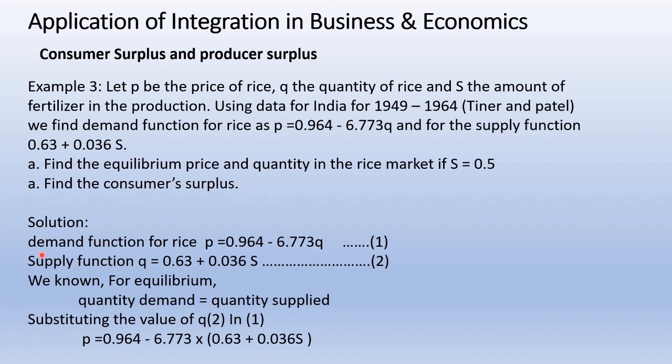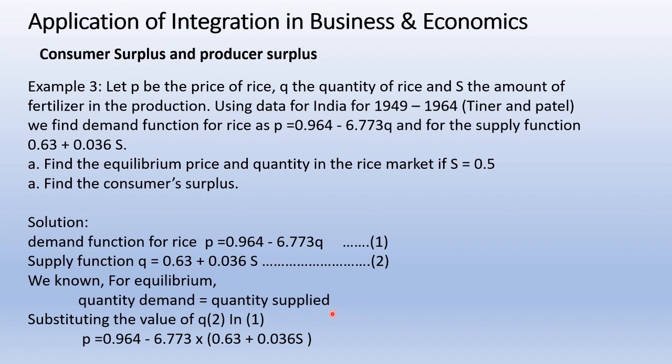Solution. Demand function for rice P is equal to 0.964 minus 6.773 Q, equation 1. Supply function Q is equal to 0.63 plus 0.036 S, equation 2. We know, for equilibrium, quantity demanded is equal to quantity supplied.